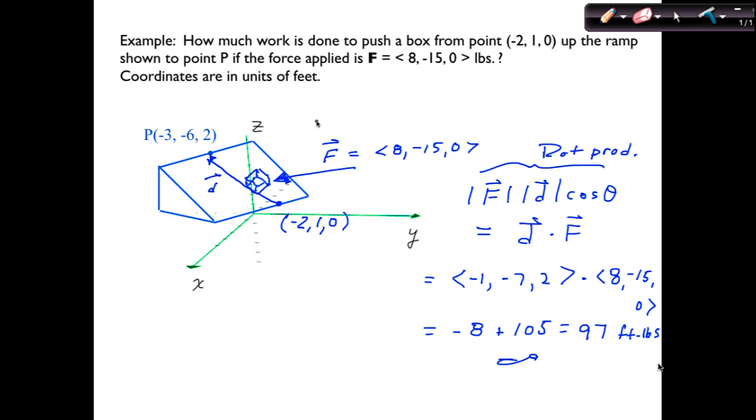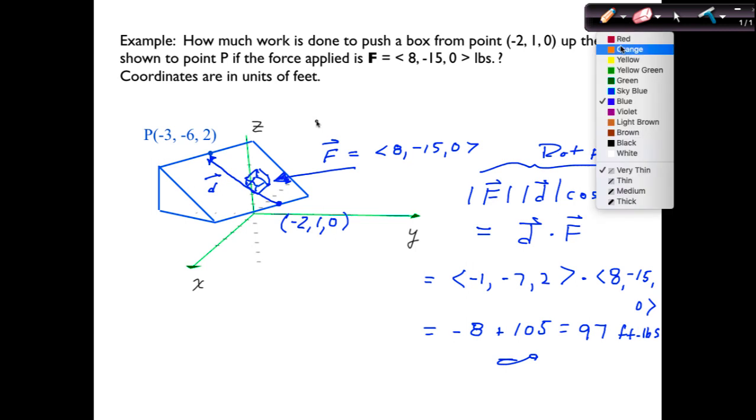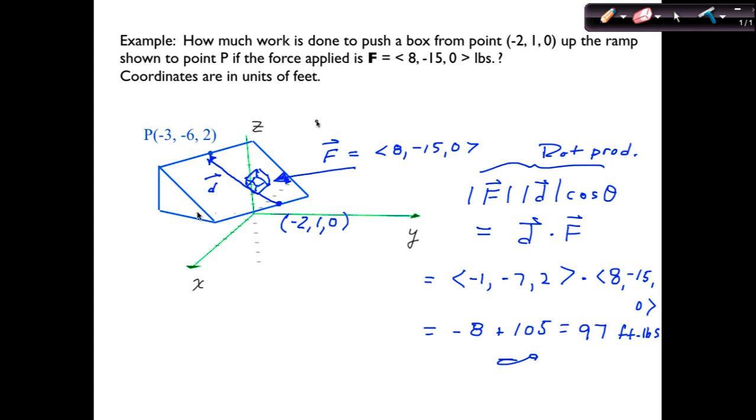Okay, what if I do want to find that angle? So now we have a way of finding the angle between these two vectors. If I put them tail to tail, here I put the force vector, whatever it is, like this. So there's F and D. And the question is, what is that angle?